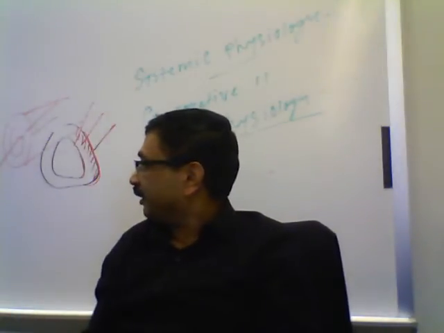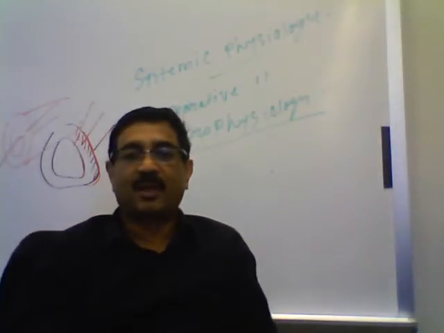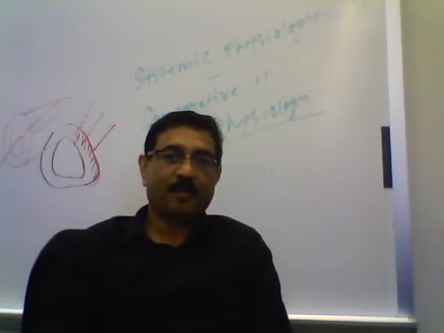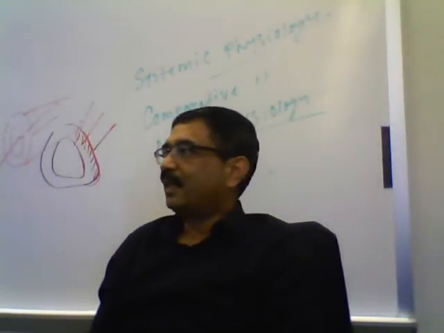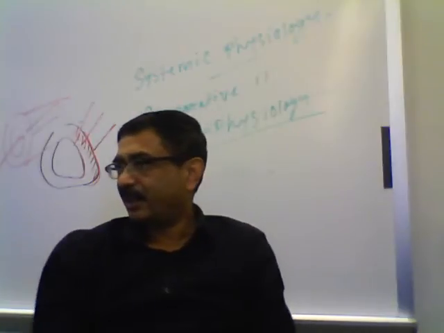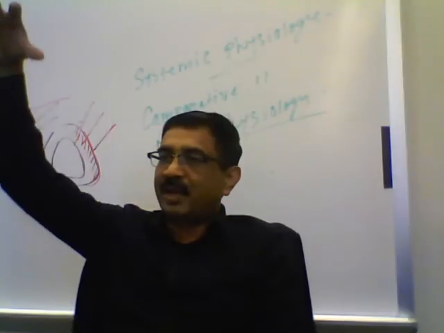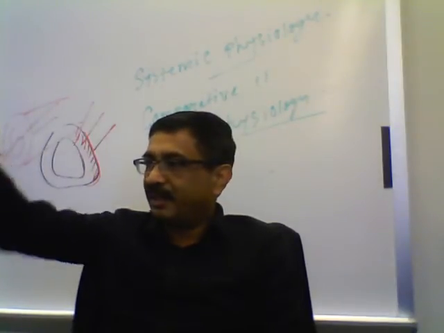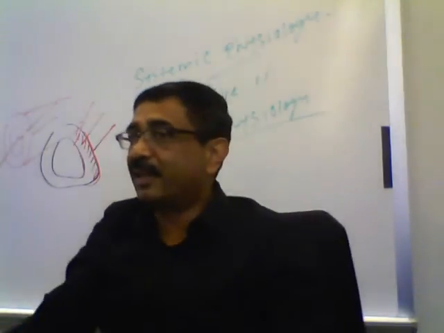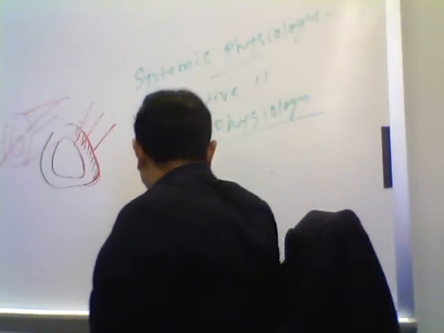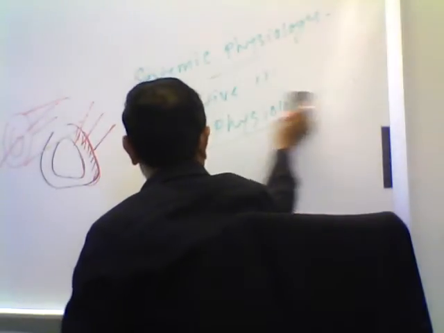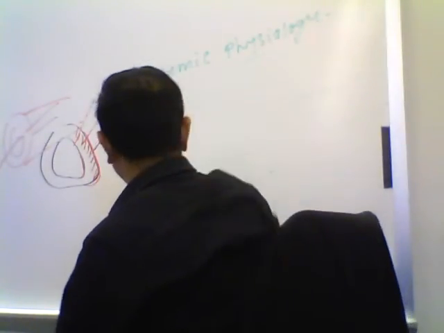Another important function is the synthesis of vitamin D. How does skin help in the synthesis of vitamin D? When sunlight falls on the skin, your skin produces a chemical with the help of the sunlight. That chemical is called cholecalciferol. Let me write it down here.